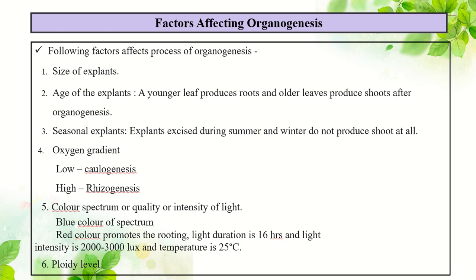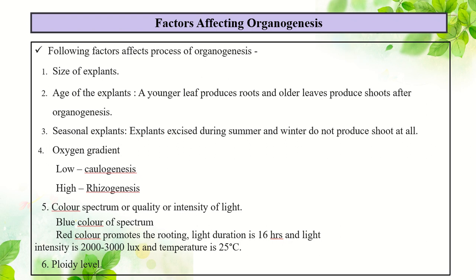So the following factors: one is the size of the explant, or you can say the choosing of the explant. The age of the explant, the shape of the explant is also affected, but generally they are not putting these in. Younger leaves produce roots. Remember this. This is a universal truth.